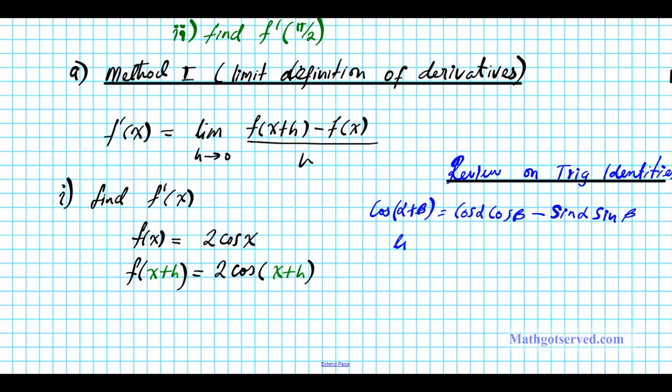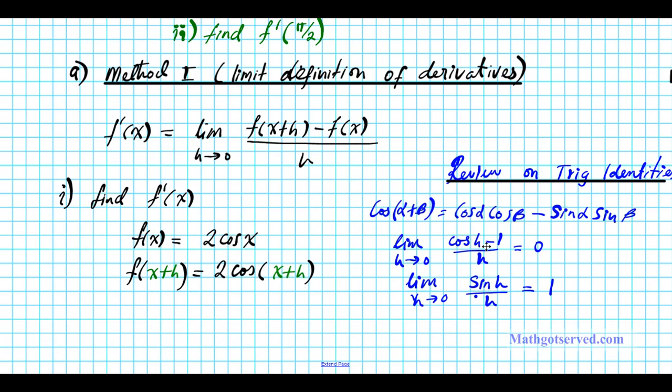You remember that the limit as h approaches 0 of (cosine h minus 1) over h is equal to 0. And you also have to remember this other trigonometric limit: the limit as h approaches 0 of sine h over h is equal to 1.